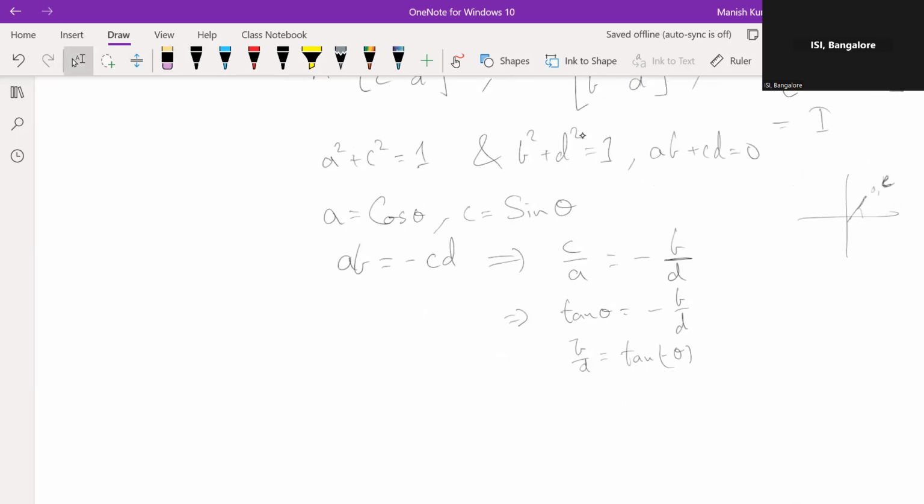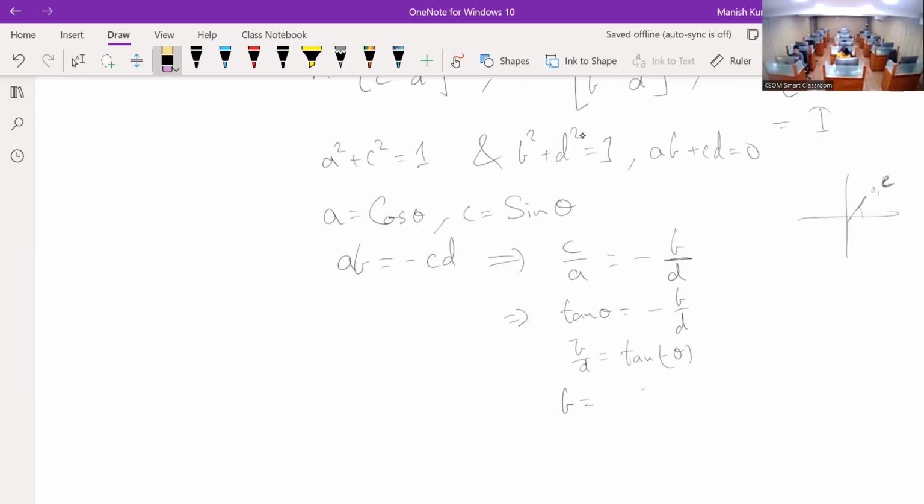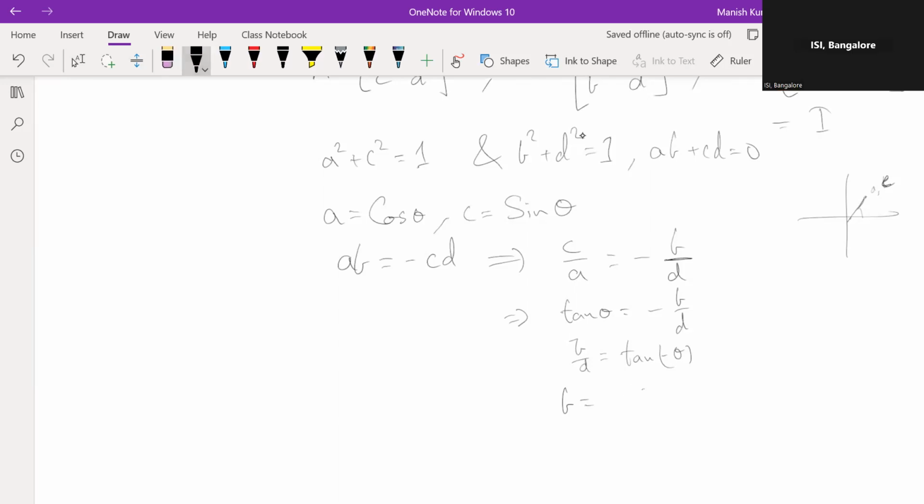So B must be minus sine theta. Let's see if these possibilities are right.